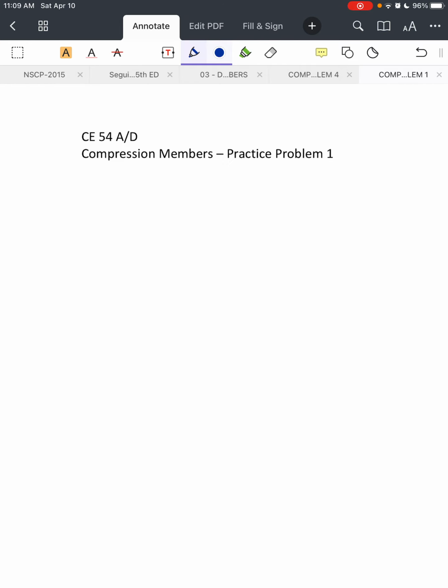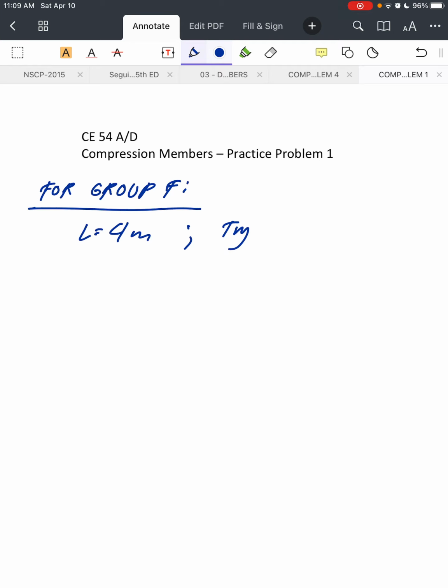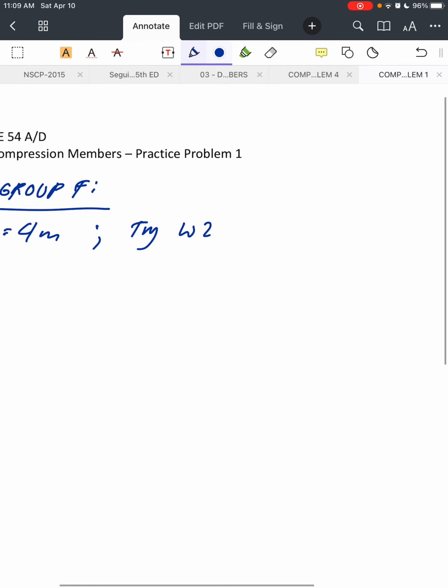So for your group F, your L is equal to 4. So let's try W12x58.